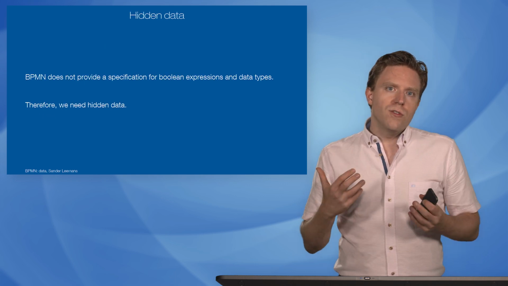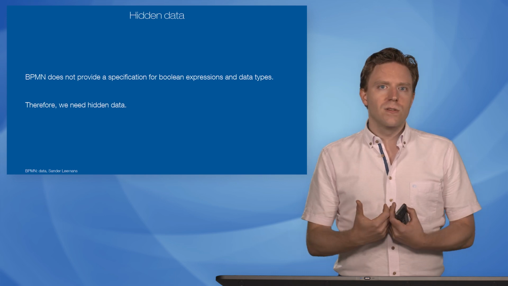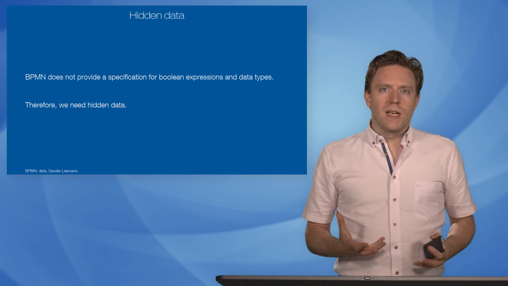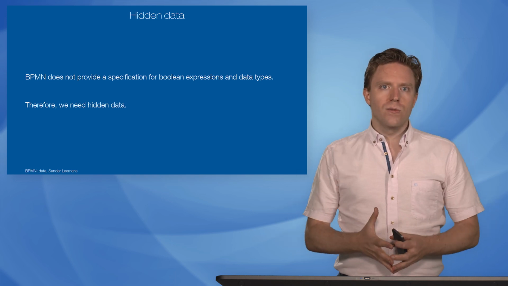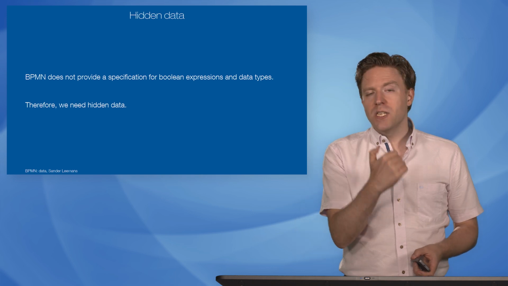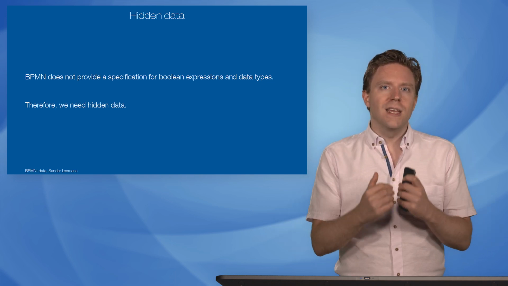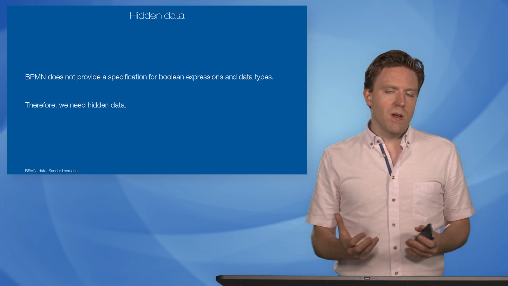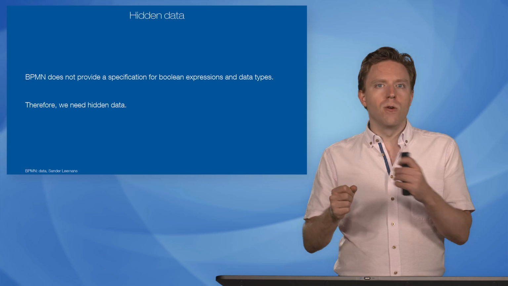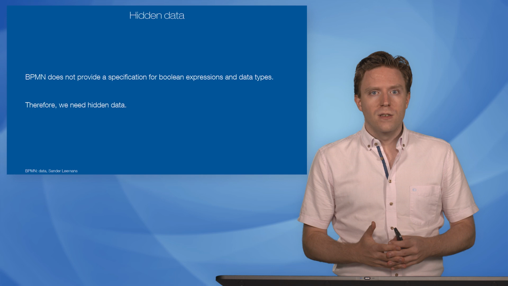If we look a bit more into hidden data, why do we need that? Even though the BPMN standard is XML based, this hidden data can be specified in a BPMN model, but only in the XML variant of the BPMN model. Now, XML is a communication tool between computers. It's not very suitable for people to read.